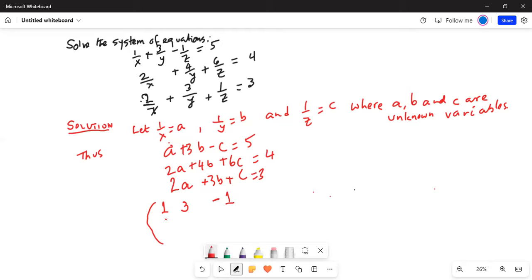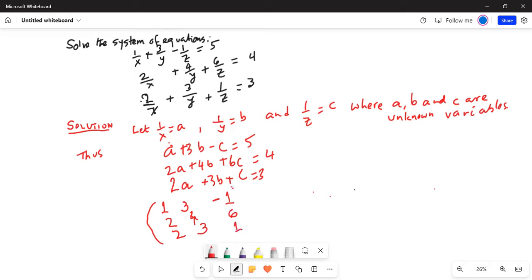Similarly, the coefficient of a in the second equation is 2, coefficient of b is 4, and coefficient of c is 6. And the coefficient of a is 2 in the third equation, coefficient of b is 3, and coefficient of c is 1.